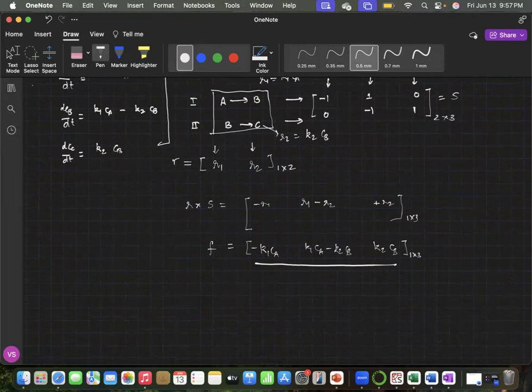So now, in order to solve the ordinary differential equation, you have to say that the concentration vector, which is just Ca, Cb, Cc, at time t plus delta t is equal to the concentration vector at time t plus delta t times the F vector evaluated at time t.